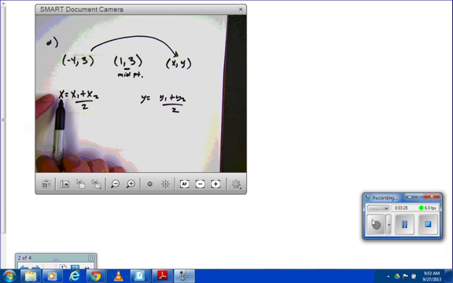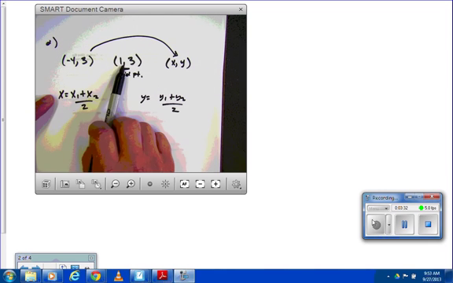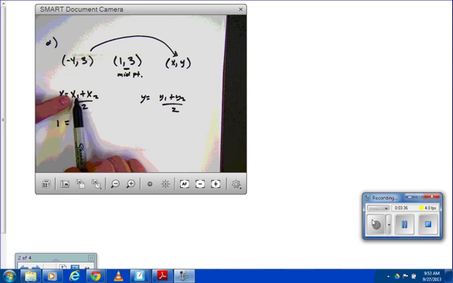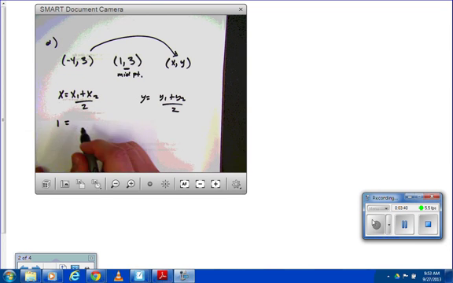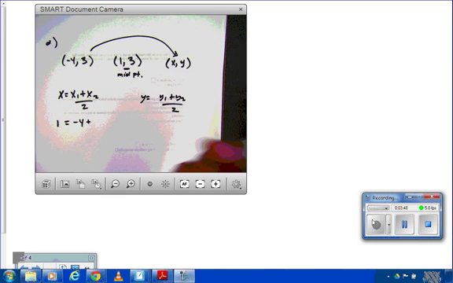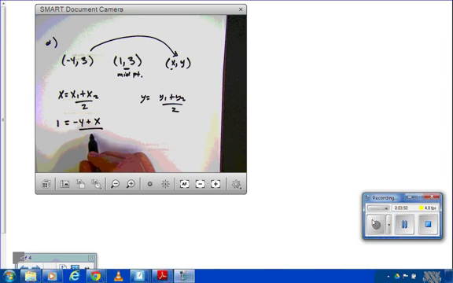All right, Matthew, what number would this be right here? 1. Right. Okay, and what number would this be right here? Negative 4. Now this is kind of a trick question, but what number would this be? We don't know. Right. So the x. Okay, and then over 2.